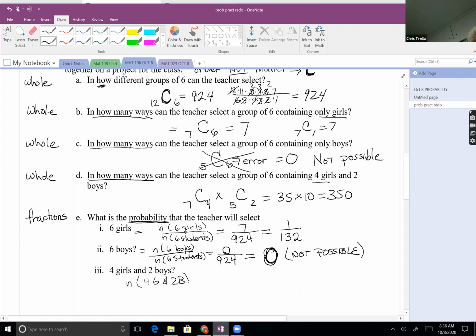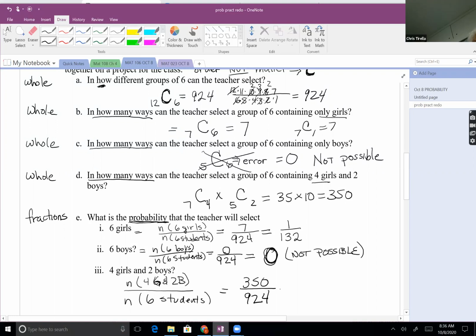Is that too much abbreviation, or can you read that as 4 girls and 2 boys? Okay. Over the number of ways I can get 6 students. That's my denominator we figured out already, my entire sample space. 4 girls and 2 boys we already figured out to be 350.